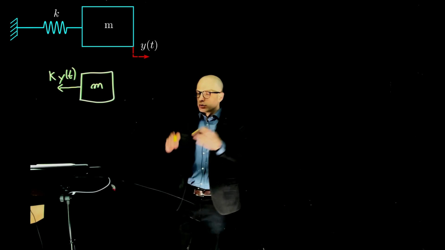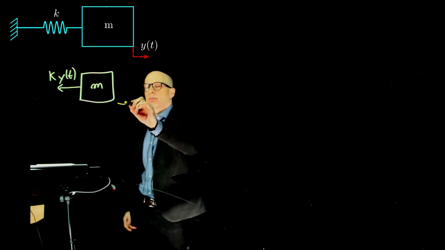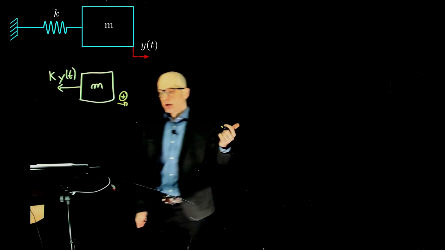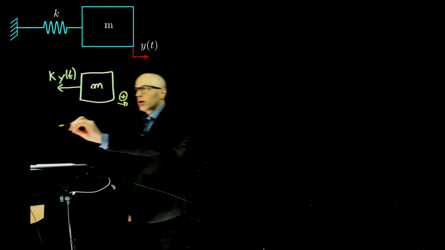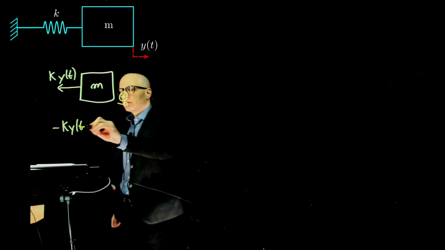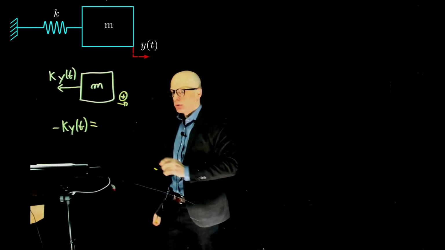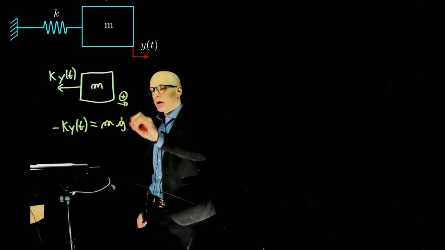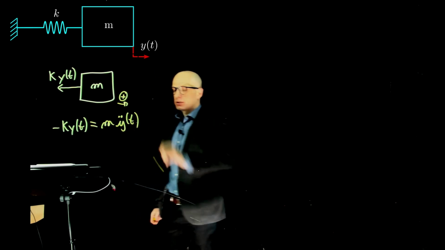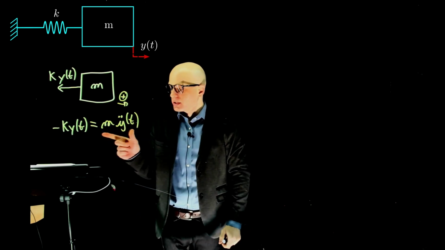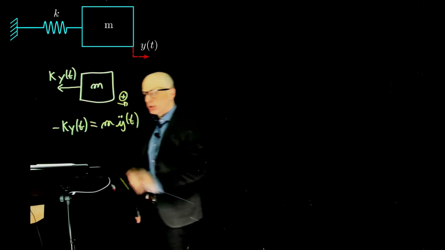So you can now sum all forces, assuming that moving in the other direction is positive. We have negative k y of t equals m y double dot of t. All forces equal mass times acceleration.